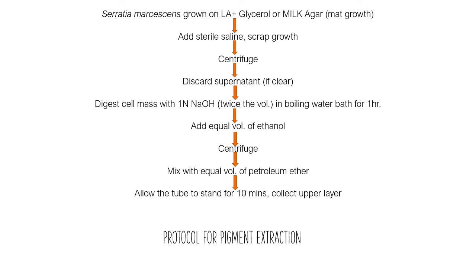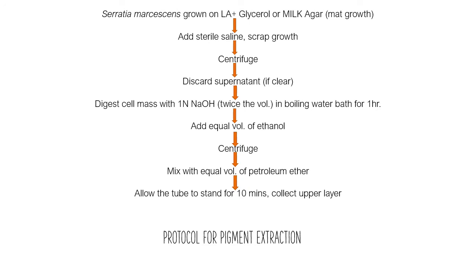Now to the ethanol you add equal volumes of petroleum ether. Petroleum ether will help to precipitate the pigment. Now you mix the tube and allow the tube to stand for 10 minutes and collect the upper layer. The upper layer will have the pigment.